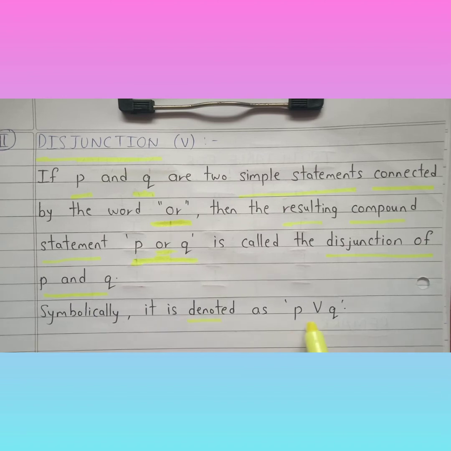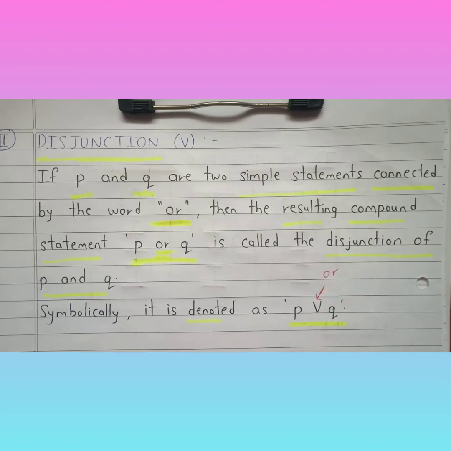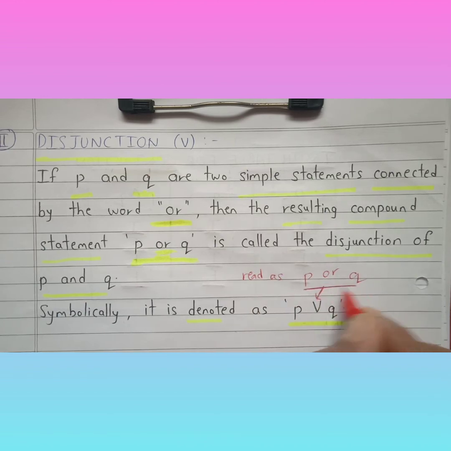Symbolically it is denoted as P or Q. This is not the letter V, this is actually your or symbol. We will read this as P or Q.